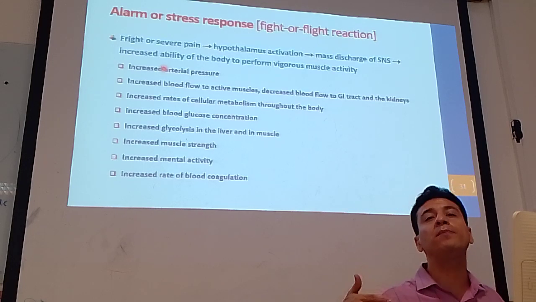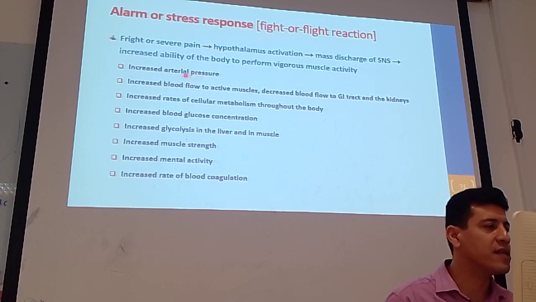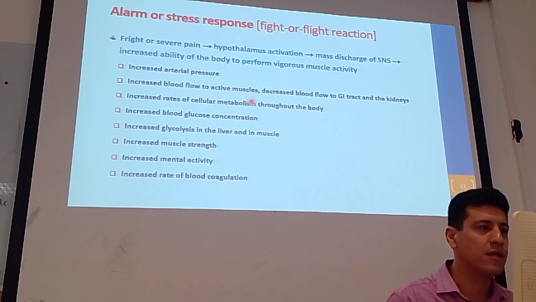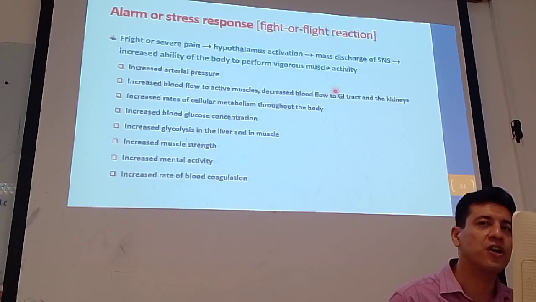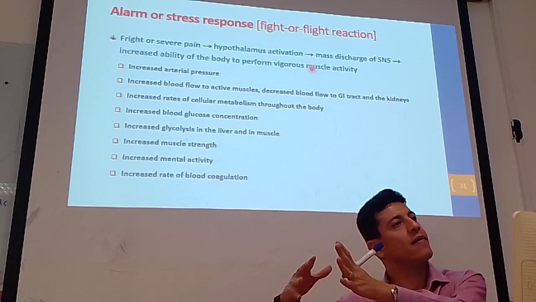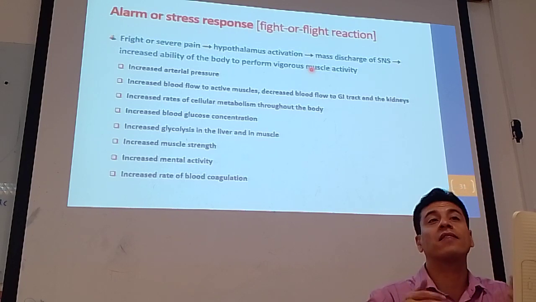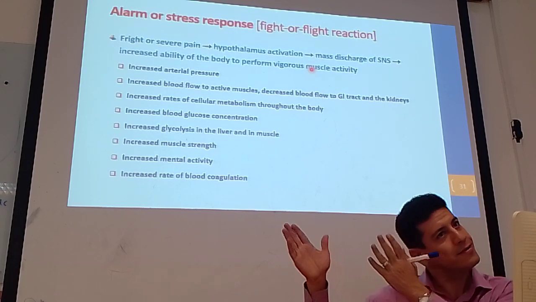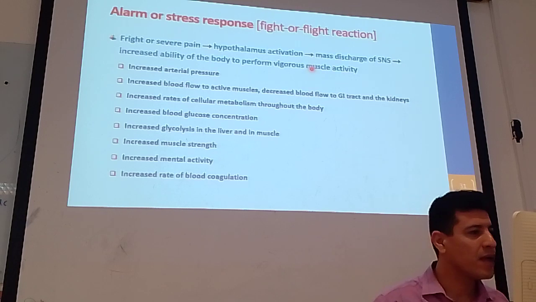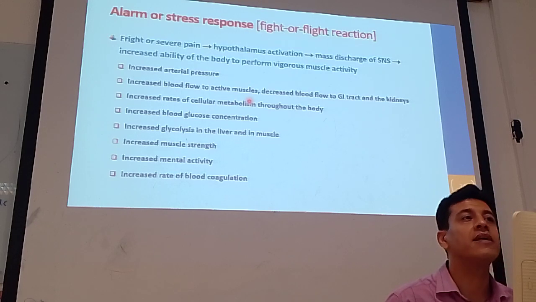In order to prepare for fight or flight. This includes increased arterial pressure, increased blood flow to muscles, but decreased blood flow to the GI system. So the blood is shifted from the GI system to muscle, so the muscle can contract and the person can fight or can escape, right? There is also increased metabolism in the body, so energy is available.